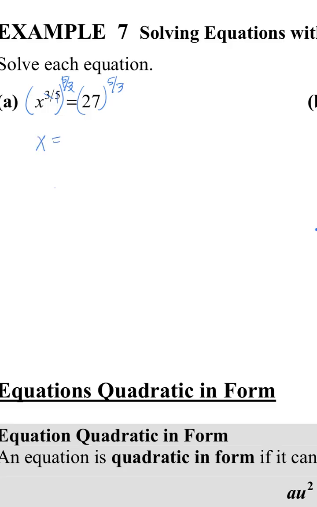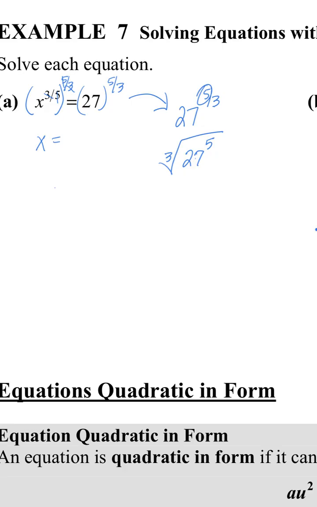Now, 27 to the 5/3 means 27 to the 5th power, and this number means to take the cube root. Not 25, that should be a 27. So 27 to the 5th power, and then you take the cube root of that.